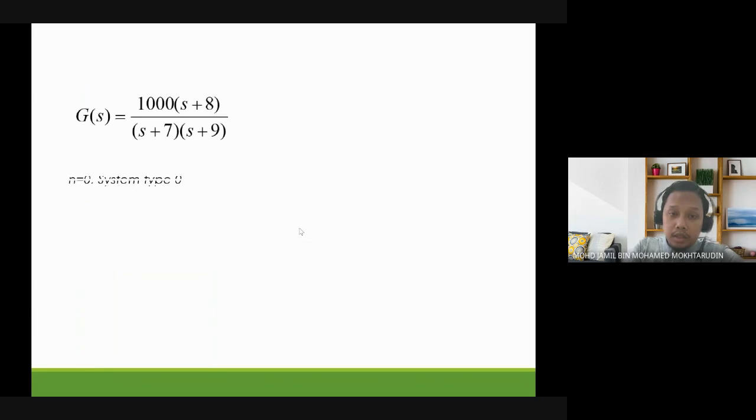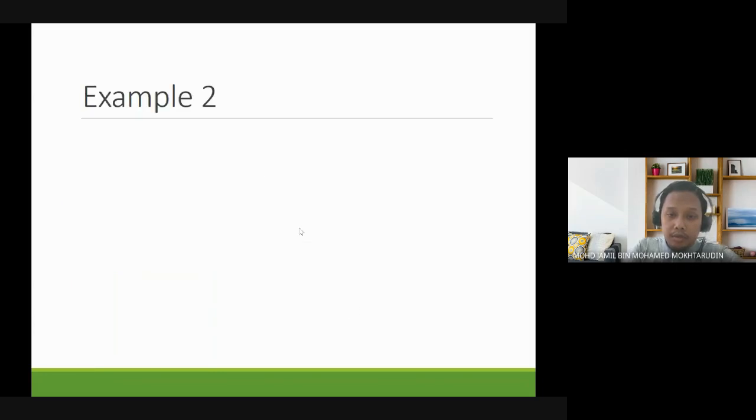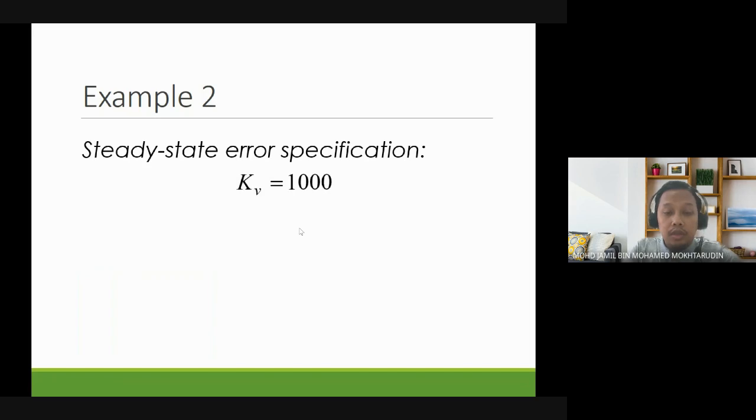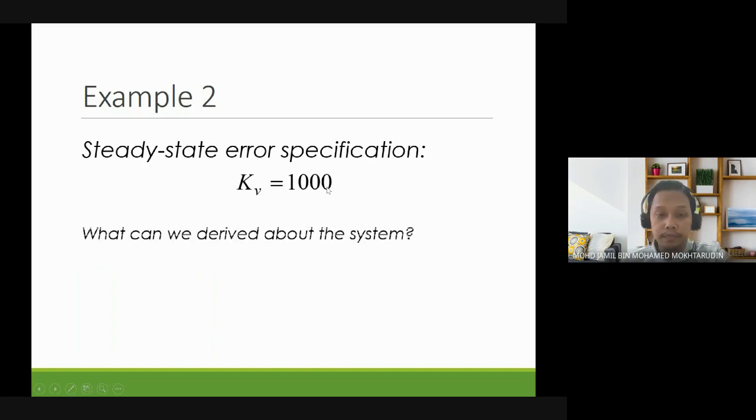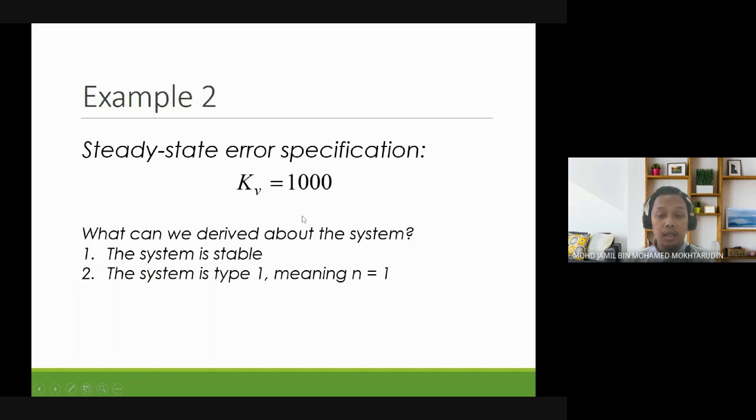Okay, let's look at the next example, example number 2. Let's say you are given a specification for steady state error, a system that you want to design to have Kv equals 1000. What we can derive from this is that the system is stable because it has a value of Kv, and the system is type 1.